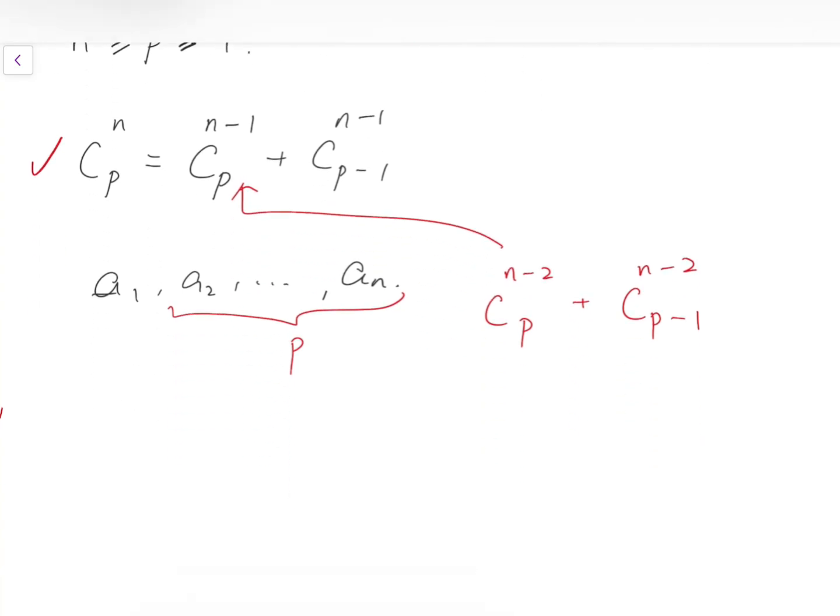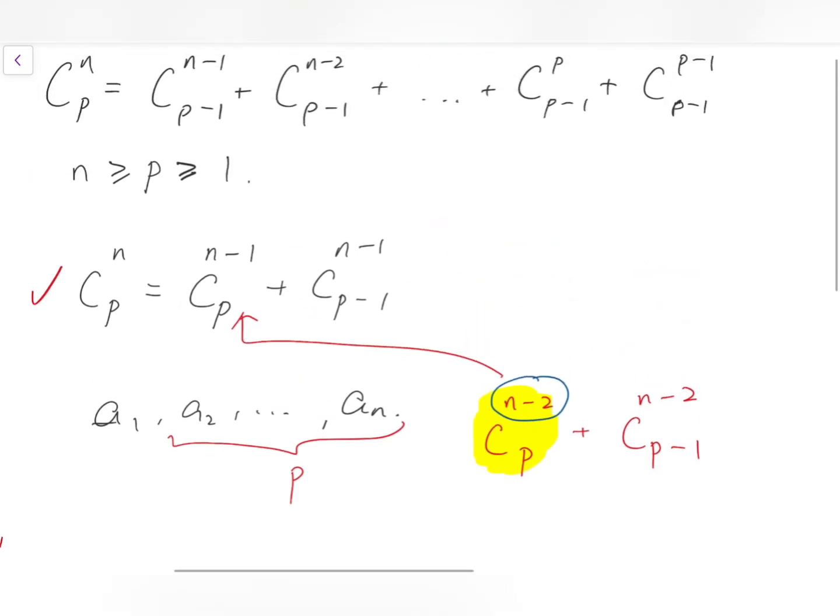Then this term can go down again, doing the same thing, at the same time lowering this number by 1. So as we keep iterating this process, we'll have this hockey stick identity.